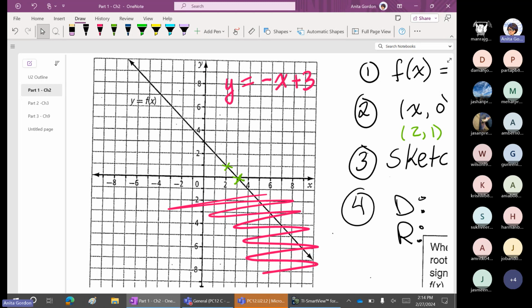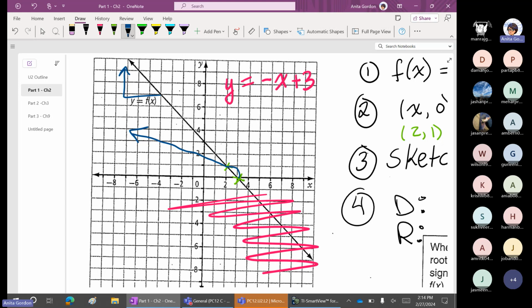However, it follows the direction of my graph. So which direction am I going? Left and which, look at the arrow, up. I'm going left and up. So that means when I draw my new graph, it's going to be on top between the coordinates and then going up and to the left, but under the original graph.